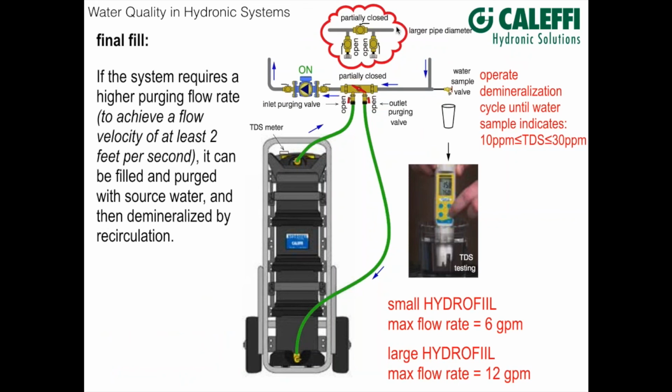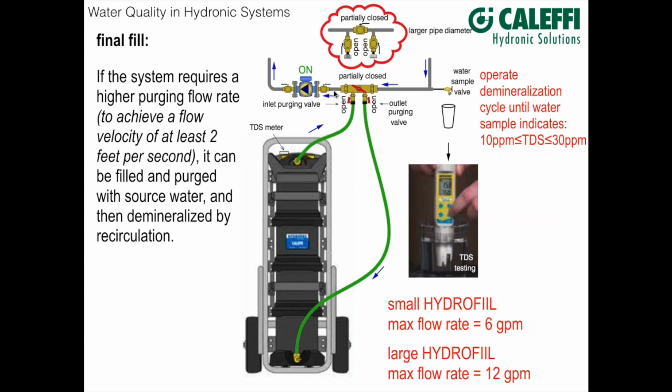Okay, so basically we set up the system. We have water in it so we can get flow through the pumps. We've got the air displaced to the point where we can get flow in the system, and now we're going to demineralize that water. So some of the return water is going to come right down into the bottom of the hydrofill, come out through the top, and go back in. Now, if you think this through, you realize that at first, the rate of demineralization is going to change.